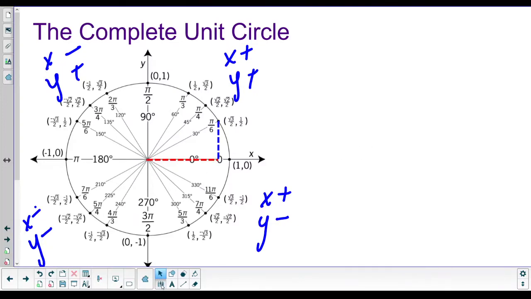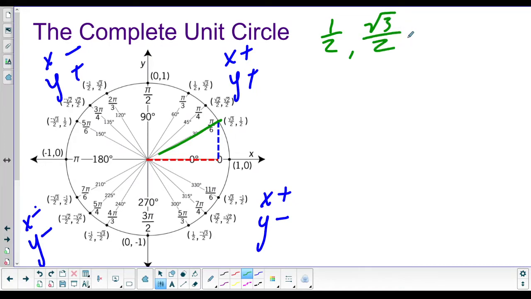Okay, so if we look at 30 degrees, 30 degrees is pretty shallow. It's not quite to the middle yet of 45 degrees. So we have gone really far sideways and not as far up. All of your non-middle ones are going to be made of a 1/2 and a radical 3 over 2.